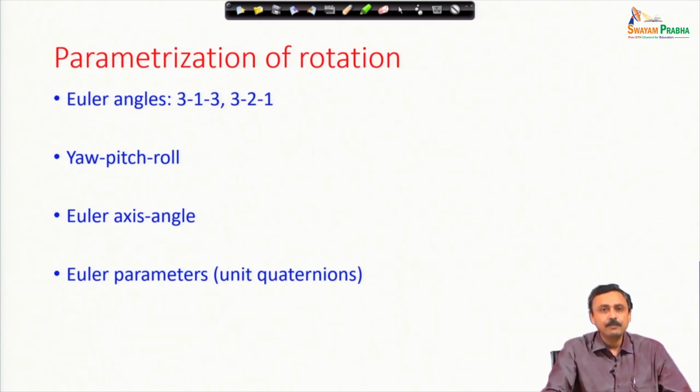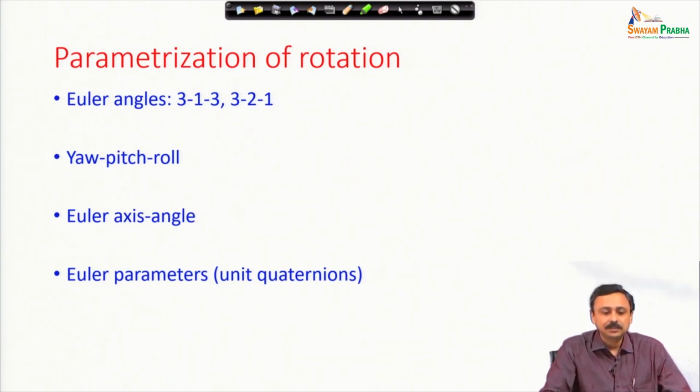That is answered by parametrization. Therefore, we will have a rotation matrix which is a function of certain parameters, and in terms of which I can represent this rotation. For example, in yaw pitch roll, the angles psi, theta and phi parameterize the rotation.